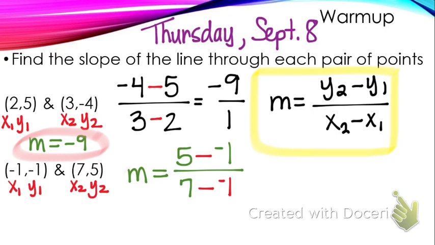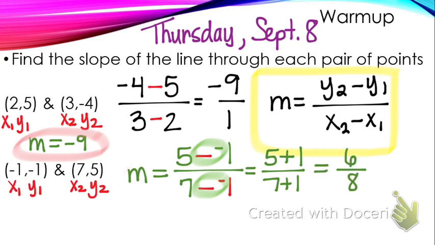So remember, whenever you subtract a negative, these always change to addition. So this is the same as 5 plus 1 over 7 plus 1. So your slope would be 6 over 8.